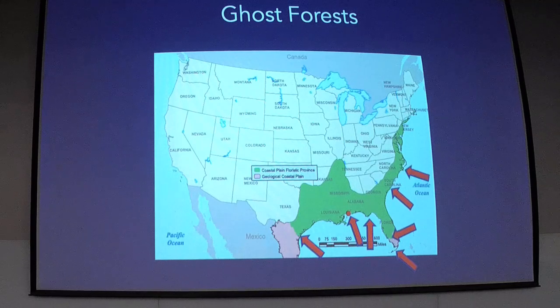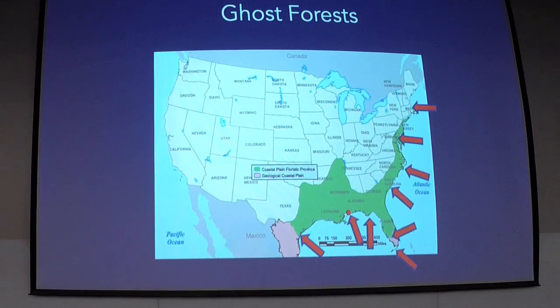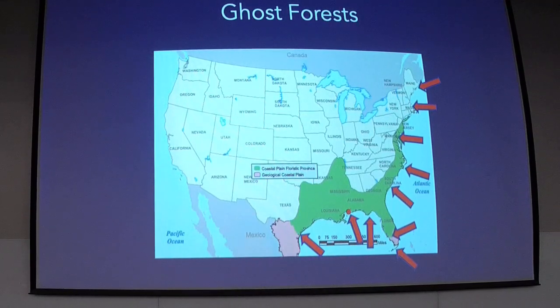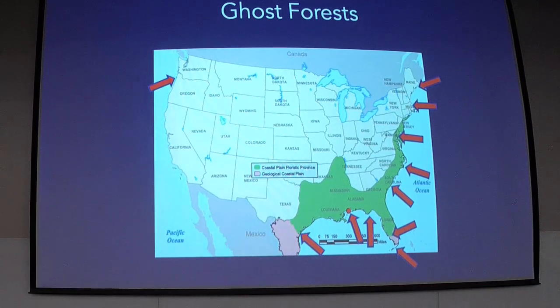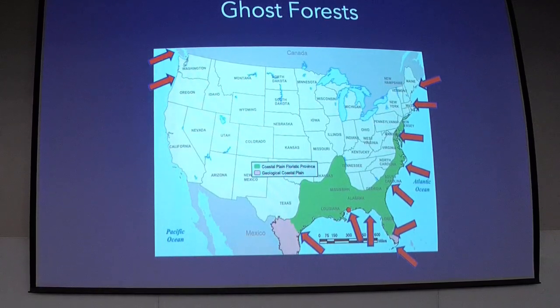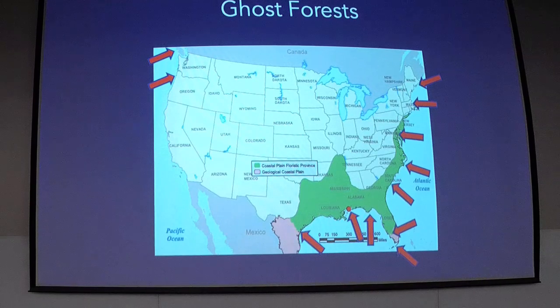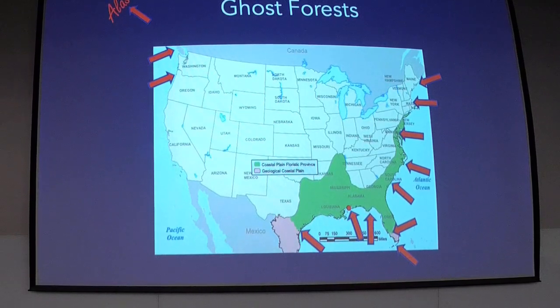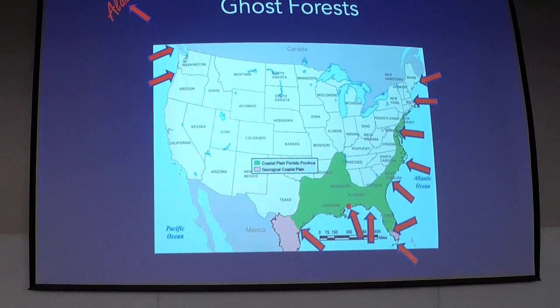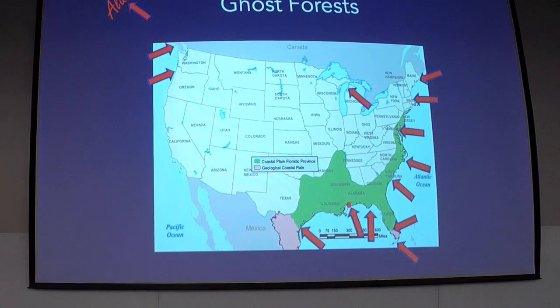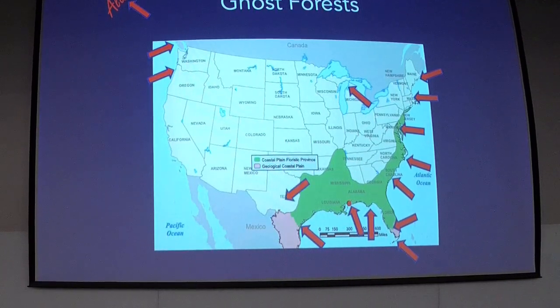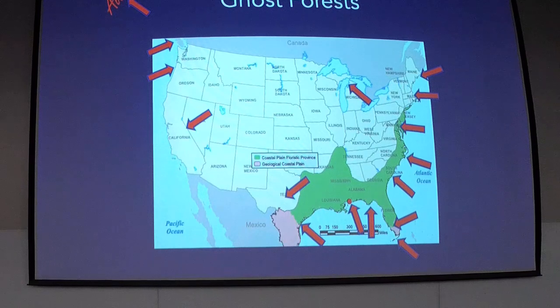Here, here, here, here, and we can even move to the West Coast and see some here and here, largely because of tectonic changes. And then we also see some in Alaska, and then we even get some special cases as we move inland into the Great Lakes, inland Texas, and inland California.